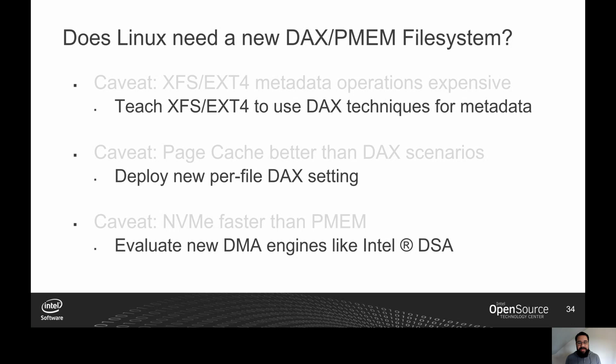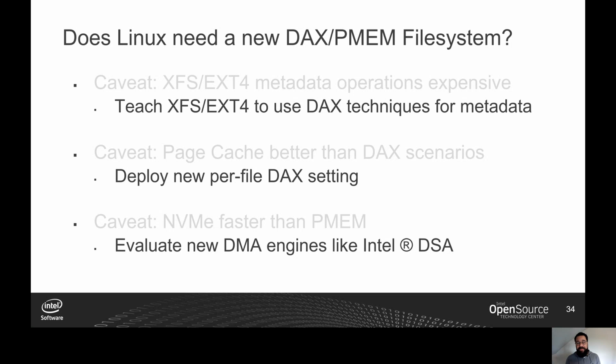As for NVMe faster than PMEM, there's certainly the DMA problem where PMEM needs to use the CPU to do data transfers. So we have new DMA engines like the Intel Data Streaming Accelerator that might help here, but just making the transfers asynchronous may also help, because XFS in particular is optimized for overlapping I/O, where it assumes it's going to submit I/O and go back and submit more and have a high queue depth.